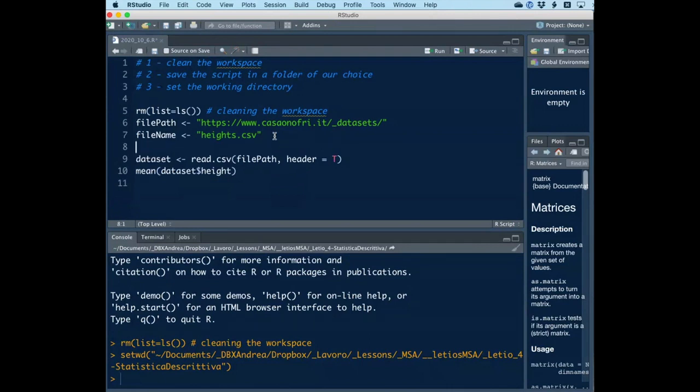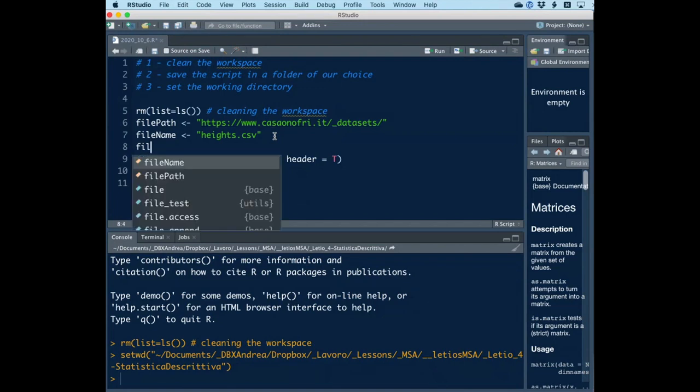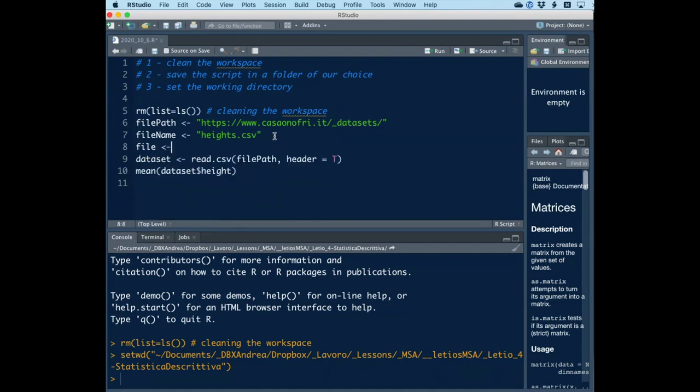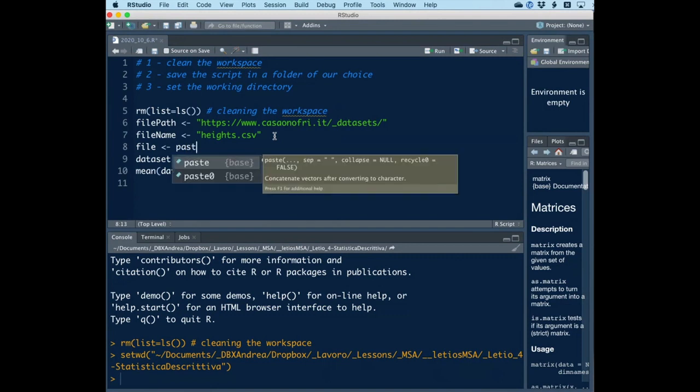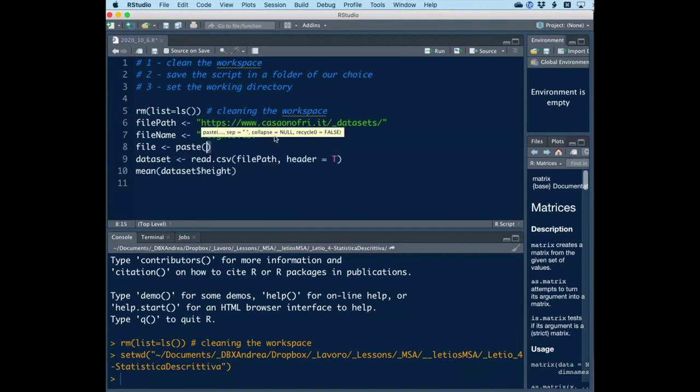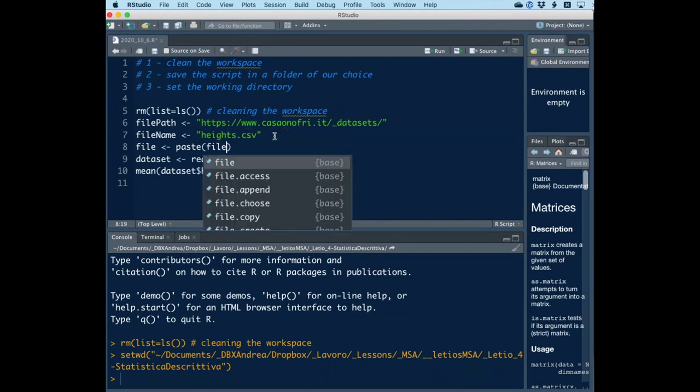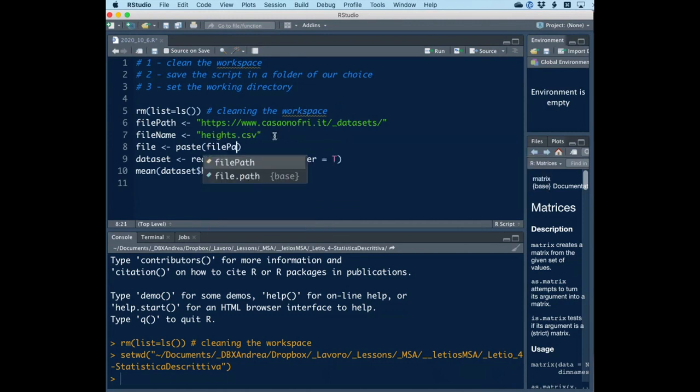So now we have to join these two strings. For files, we use the function paste. It joins the two strings, file path and file name.